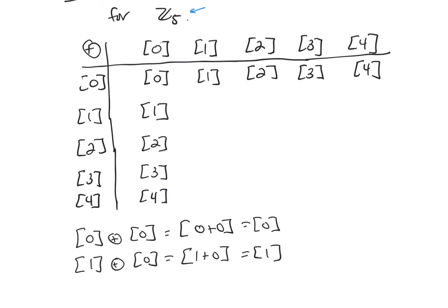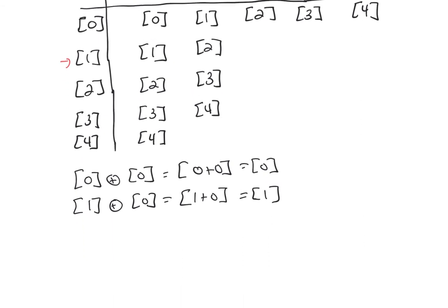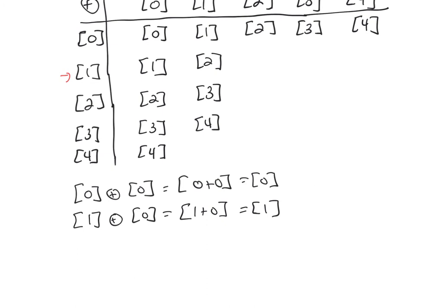Now let's fill in the second row and column. So if I add 1 and 1 together, I get the equivalence class 2. 1 and 2, I get the equivalence class 3. 1 and 3, I get the equivalence class of 4. Okay, so then here we're adding the equivalence class of 4 plus the equivalence class of 1.